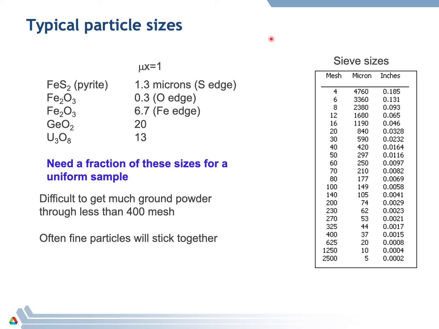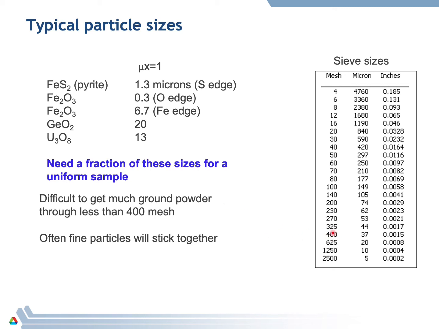So just look at some typical particle sizes now. I don't know if you're familiar with these meshes that come with the sieves. So if you make a fine powder and you want to get the fine component of the powder, you typically would run it through a sieve. And this table just shows how big the openings are for different sieve sizes.